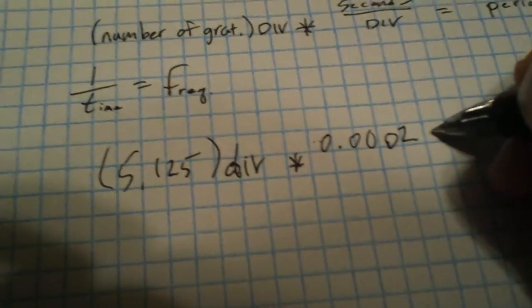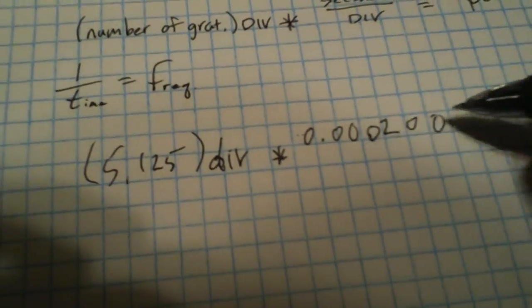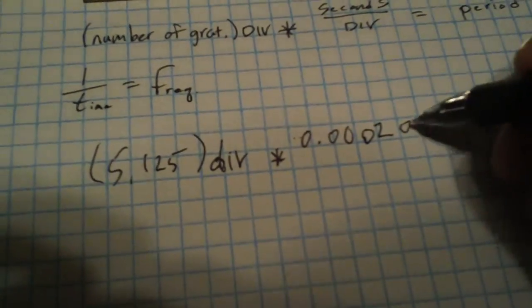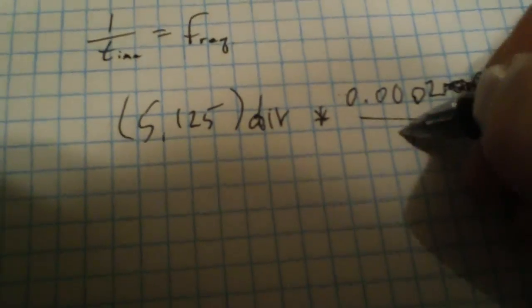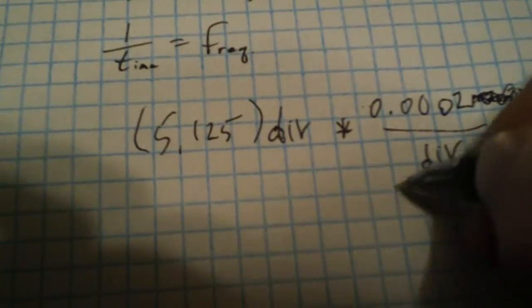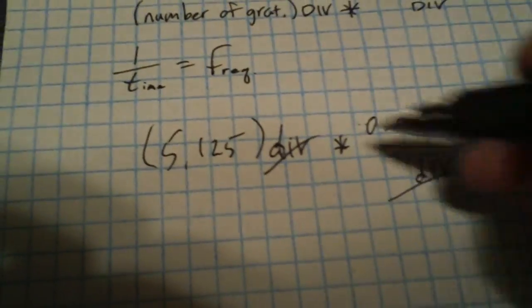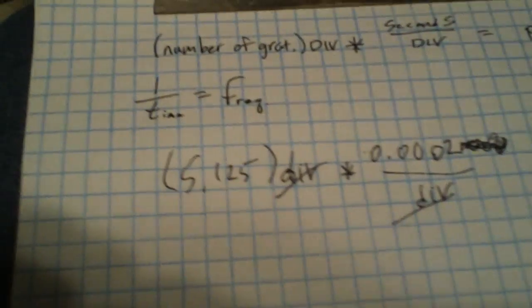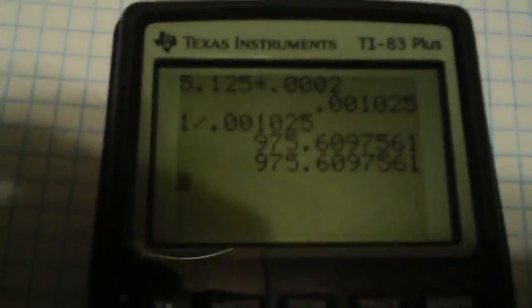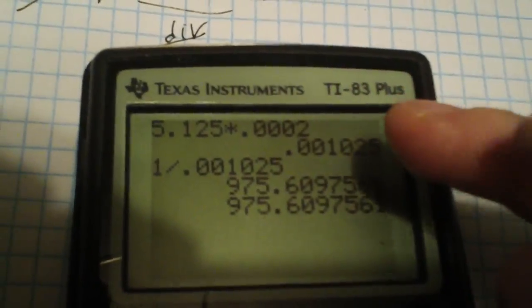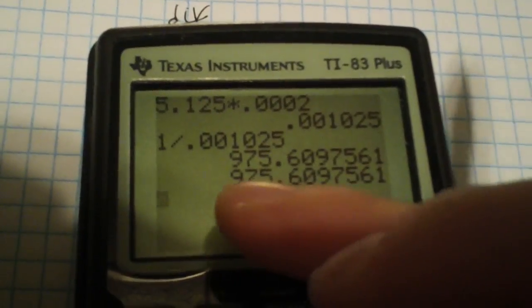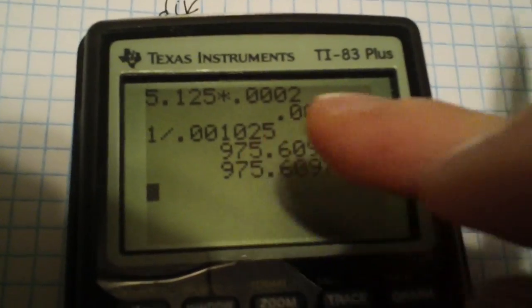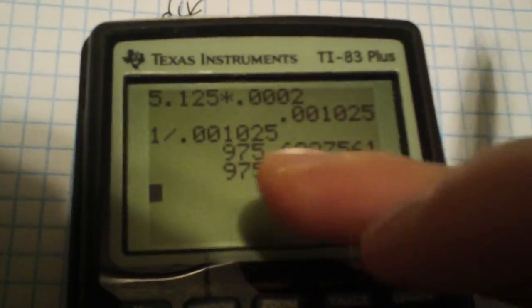So 200 microseconds would be 0.0002, because if you filled it out then you'd have 6 significant digits, but that's irrelevant for our concern here. And as we know, we can cancel out here and multiply 5 1/4 times 200 microseconds, which gives us 1025. 1 divided by 1025 gives us this result, approximately about 976 or so.